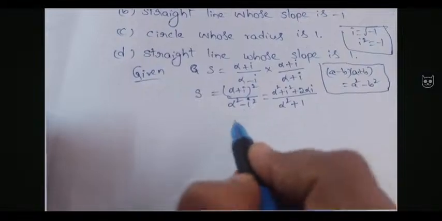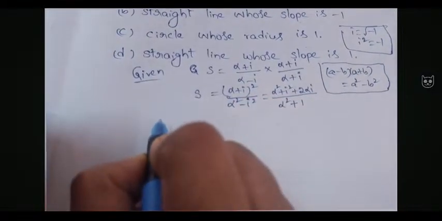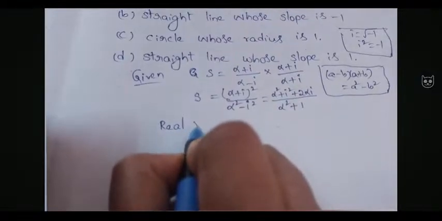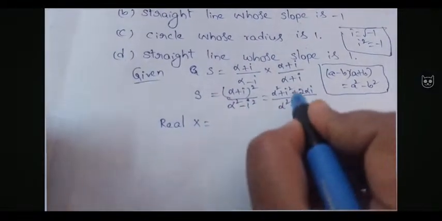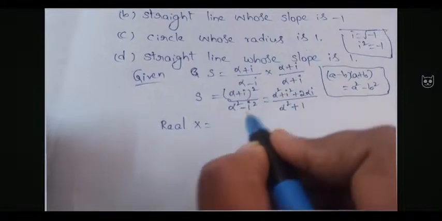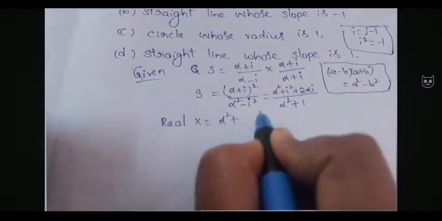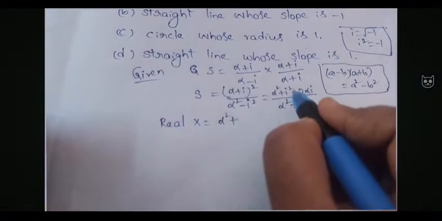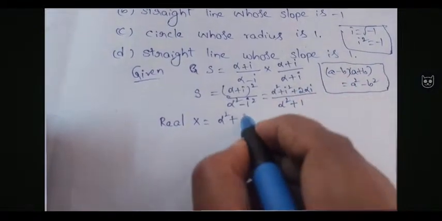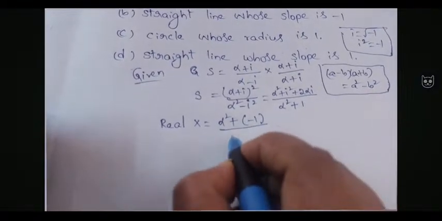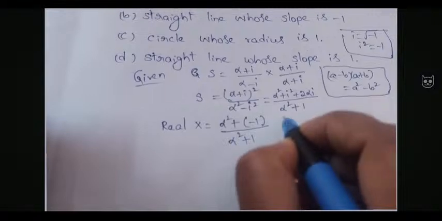Now separate the real and imaginary parts. What is the real part? Real part x equals, in the numerator, α² plus i², sorry, i². What is the i² value? Minus 1. So x = (α² − 1)/(α² + 1).